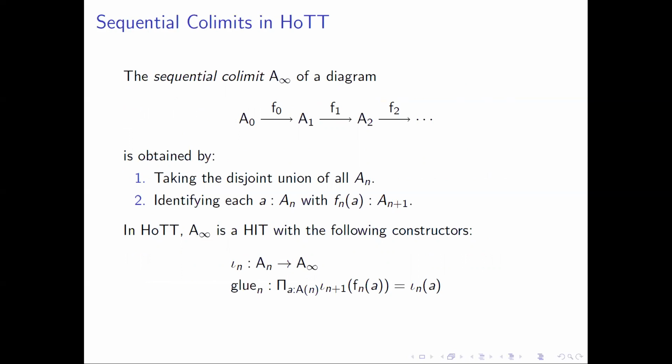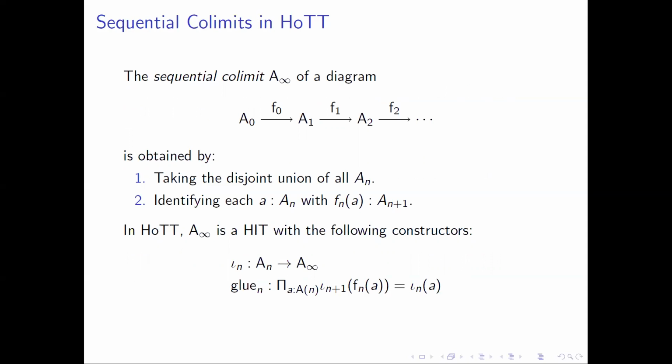Well, the sequential colimit of such a diagram is constructed by first taking the disjoint union of all the A's, and then we identify each A belonging to A_n with its image under F_n that lies now in A_(n+1).